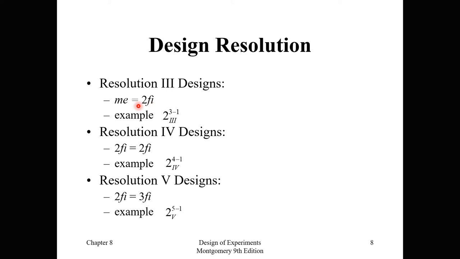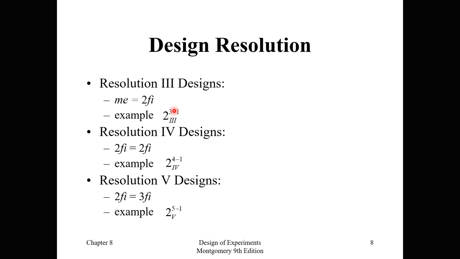So in this case, a resolution 3 design says main effects are confounded with two-factor interaction effects, but no main effects are confounded with main effects. So the worst case scenario is going to be a main effect confounded with a two-factor interaction.